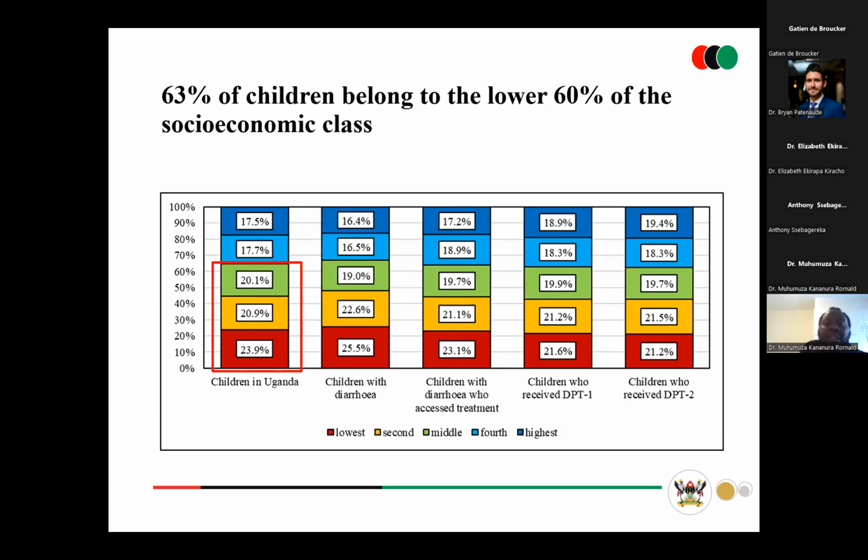And so here, in terms of the distribution of diarrhea in Uganda, 60% of children in Uganda belong to the lower 60% of the socioeconomic class.